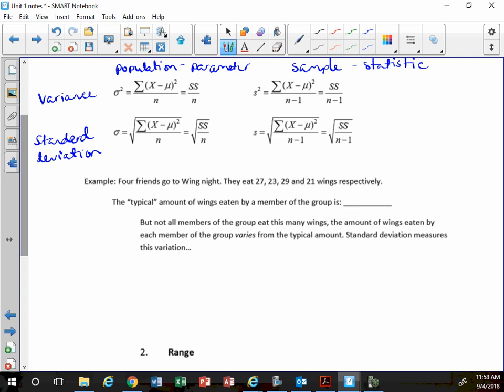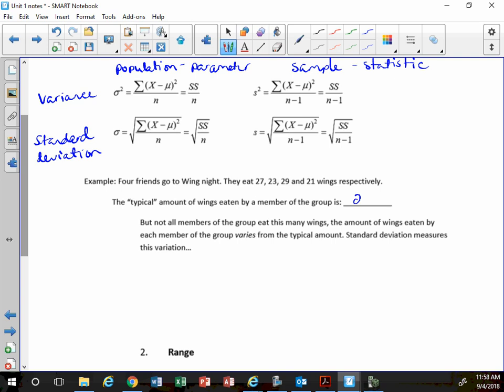The average. Could you guys find the average here? What do we get? 25.